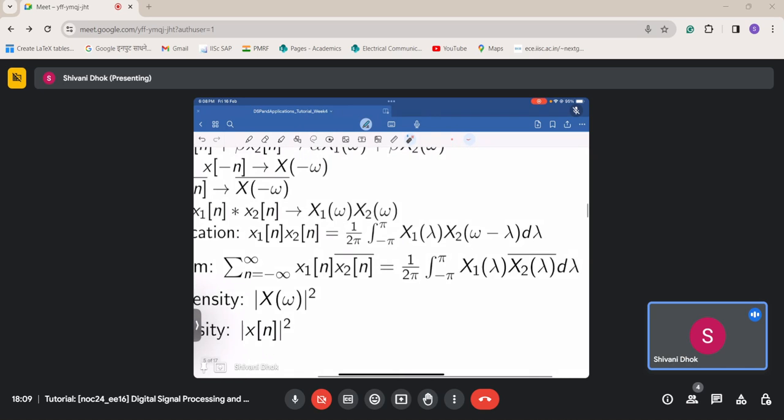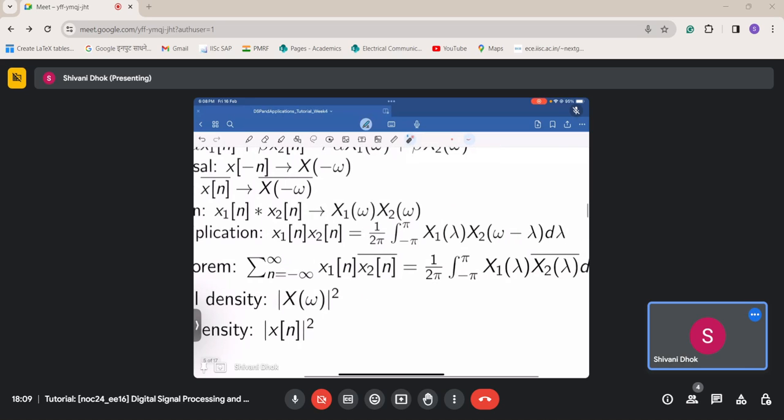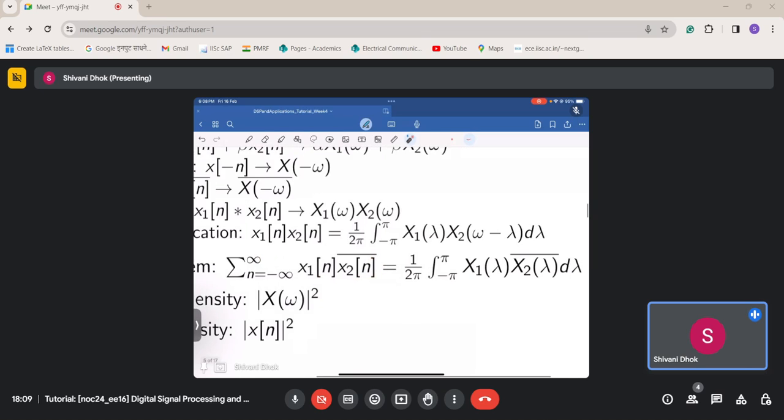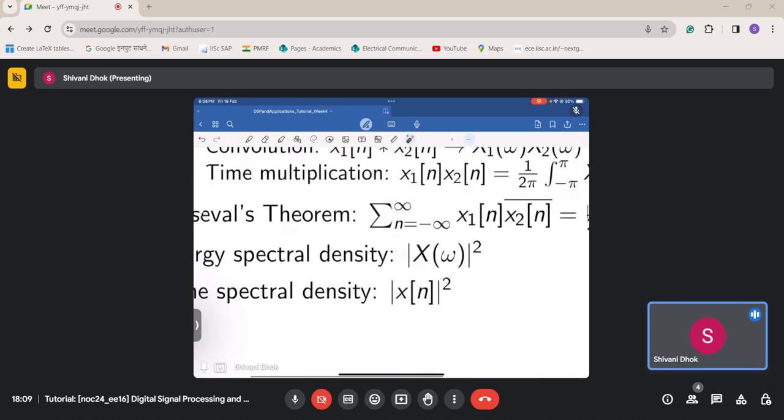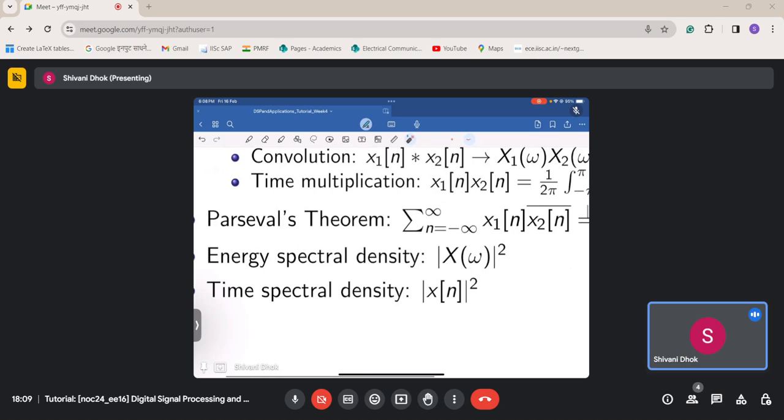After that, Parseval's theorem was discussed. It says that the summation, n running from minus infinity to infinity, of x1 of n into x2 of n conjugate is equal to 1 over 2 pi, integral from minus pi to pi, of X1 of lambda into X2 of lambda conjugate d lambda. After that, the energy spectral density was discussed, where the energy spectral density is this quantity and the power spectral density is this quantity.